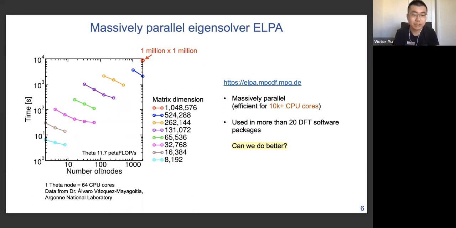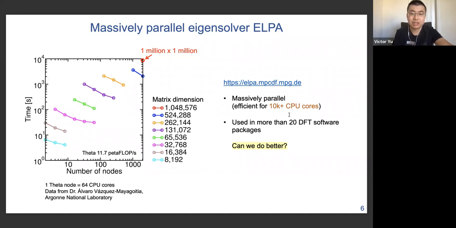So as we can see, when we increase the number of nodes used by ELPA, the time to solution goes down, which is nice. And also, for this 1 million by 1 million problem, we used more than 2,000 nodes, and it can be done in about 2 to 3 hours.